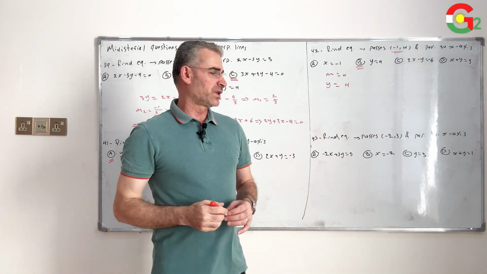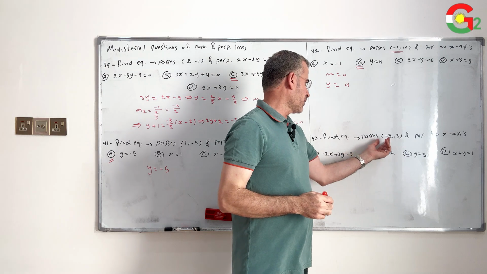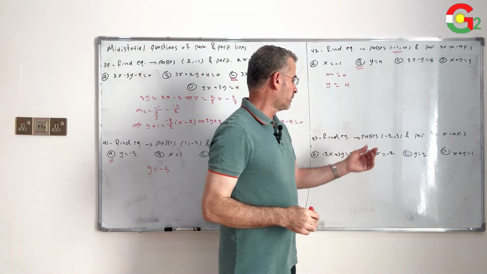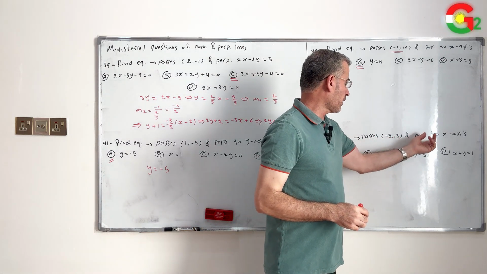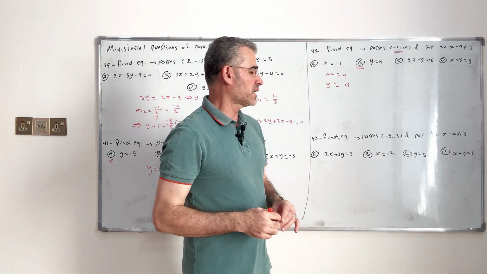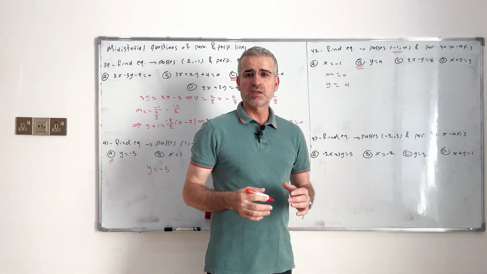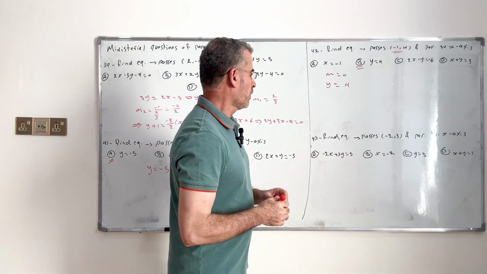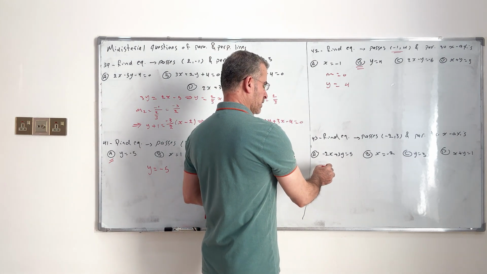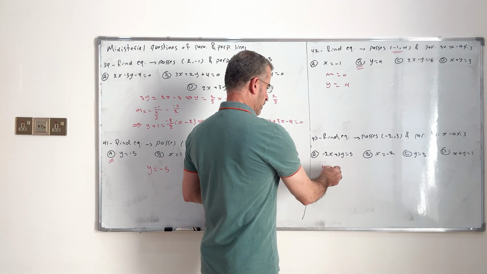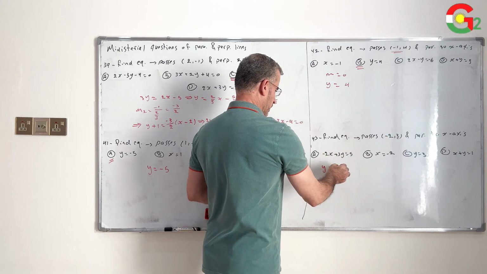Question number 43. Find the equation of the line that passes through the point (-2, 3) and is parallel to the x-axis. Parallel to the x-axis, it is perpendicular to the y-axis. Then its equation is y = the y coordinate here, 3.